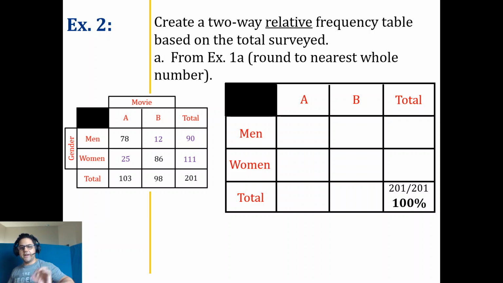So each category, I can do basic division. So if I'm on the total of movie A, I just do 103 divided by 201. You can just plug it into your calculator. And you get 51%.